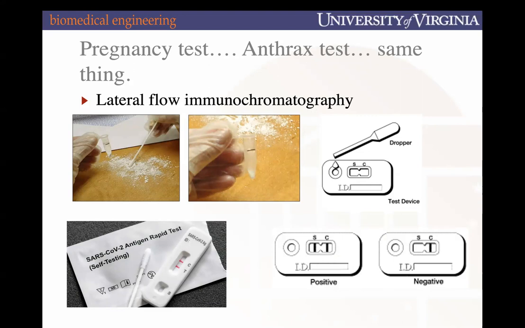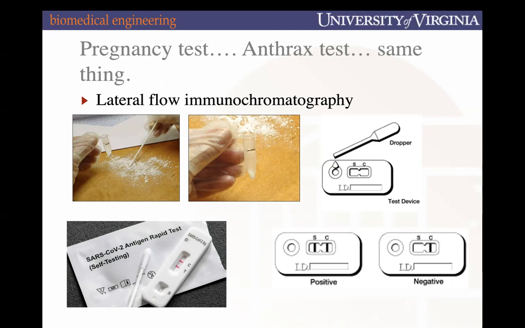So all three of those tests use the same mechanism. It's called lateral flow immunochromatography. In the pre-lecture, you saw what chromatography is. Lateral flow means that it has a sample port that then elutes across laterally, and the immuno portion means that it's an antibody-mediated detection kit.